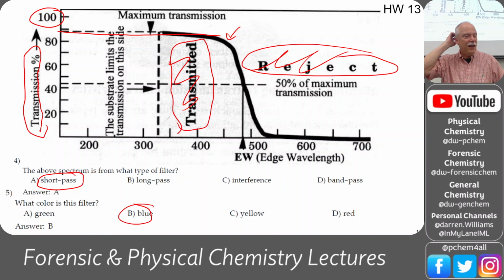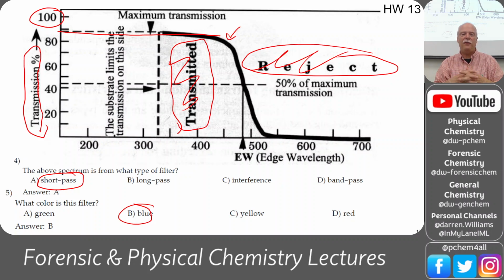Looking at this and saying, okay, the answer for this question is short pass. I don't see high pass anywhere on here. I bet if I were to change this question, I would change short pass to high pass, or I would change long pass to low pass. I would be thinking about how I can understand all four of these terms, and what I would change about the text to make one of these other words the right answer.